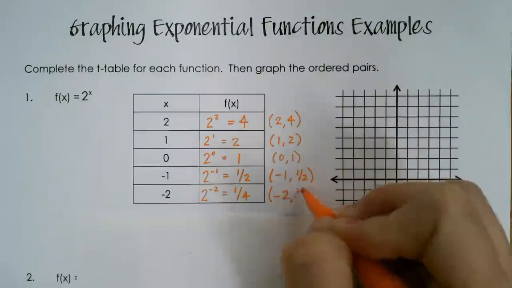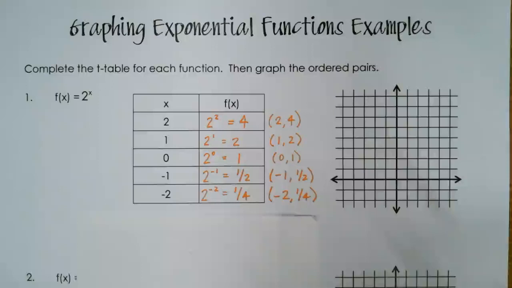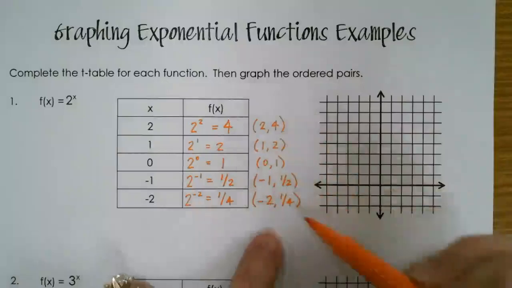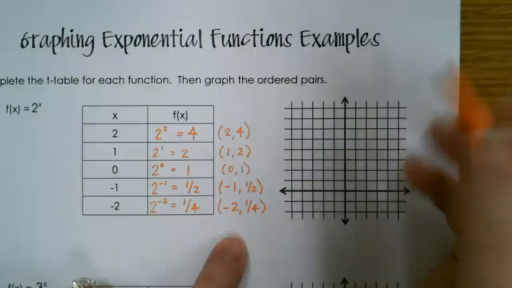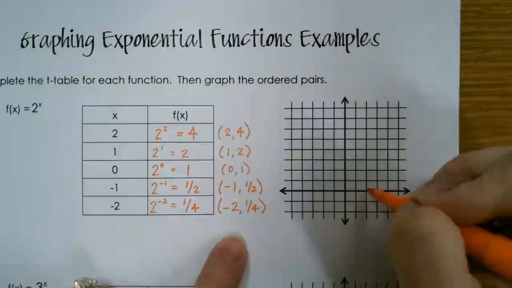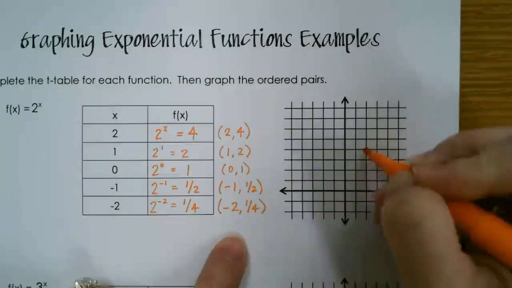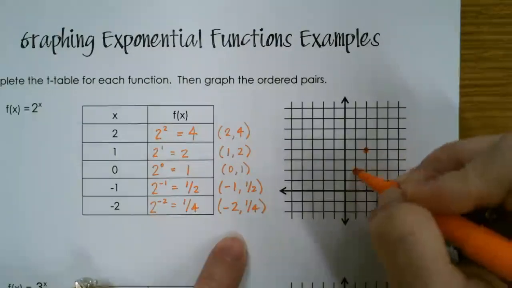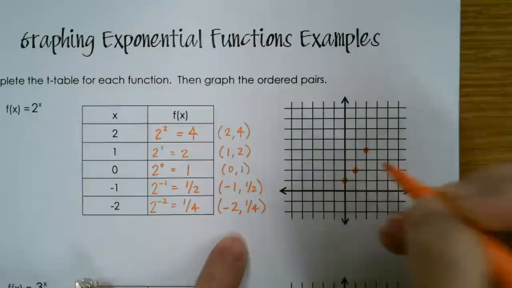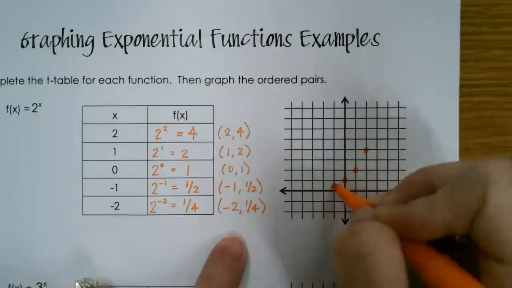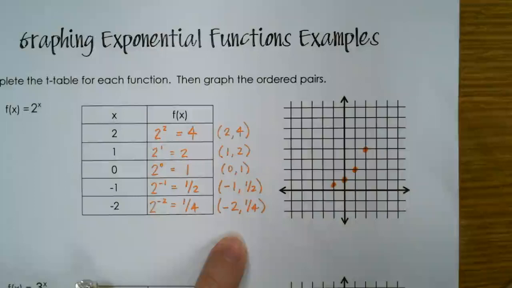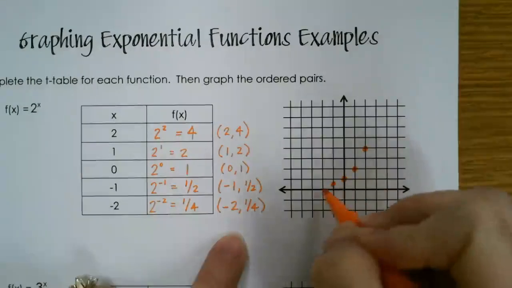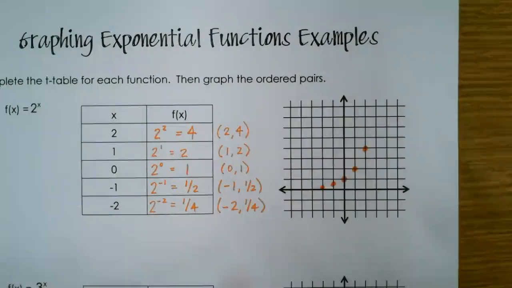So negative 2, 1/4. So now I'm just going to take these ordered pairs and plot them on the graph. So 2, 4, 1, 2, 0, 1, negative 1 is 1/2. So I'm just estimating halfway. Negative 2, 1/4. That's just a little bit right there.